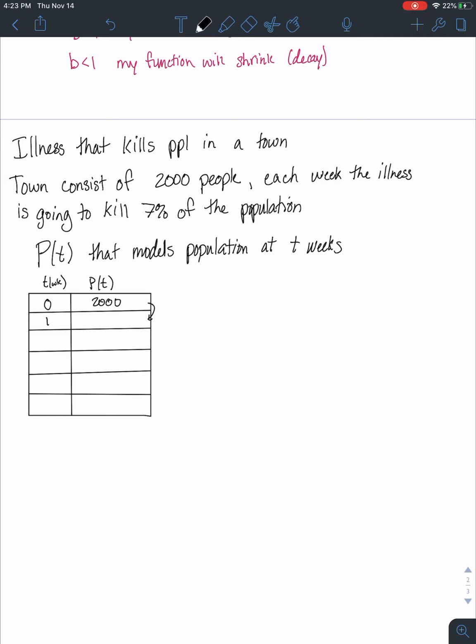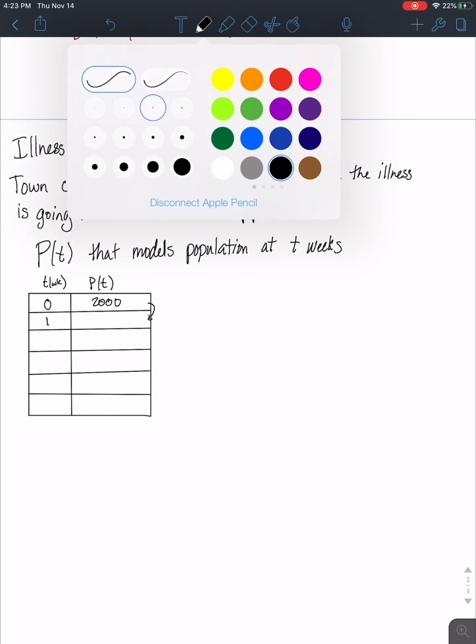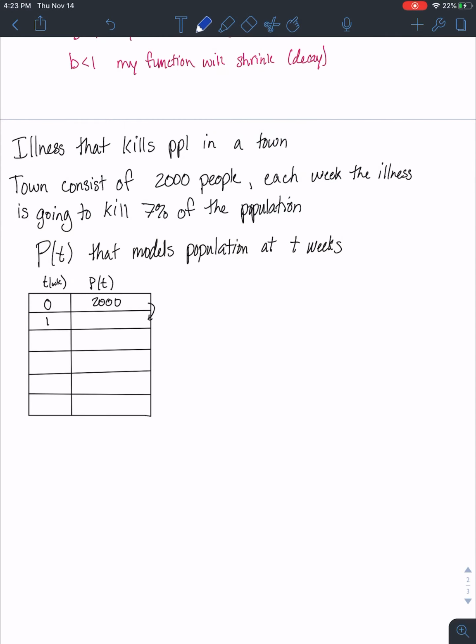After 1 week, we have lost 7% of the population. So first, we're going to want to figure out what is 7% of that population. Well, if we do 2,000 times 0.07, we get 140. But it is not that 140 people are left in this town.